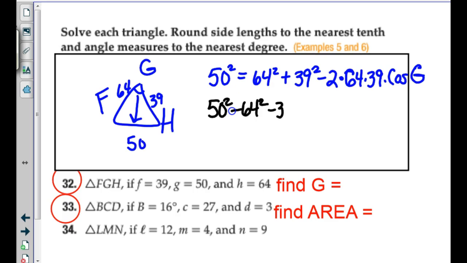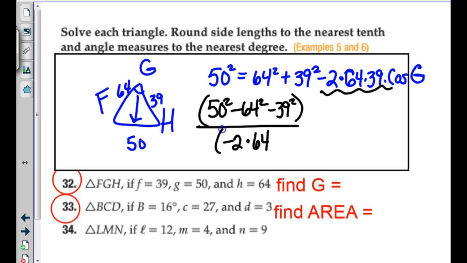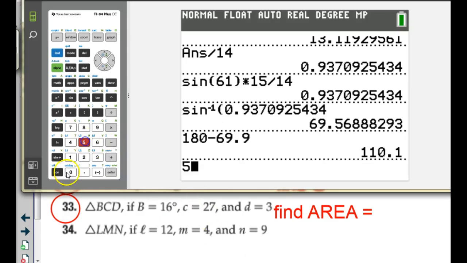Okay. And you could add them together first and then subtract them, but you've got to do all that. And then all of this is still multiplied by G, so I'm going to end up dividing by all that. And that's still the cosine. All right. Anybody remember what it was?